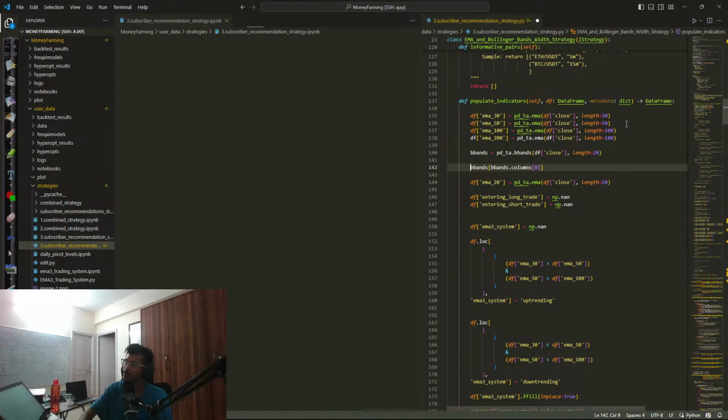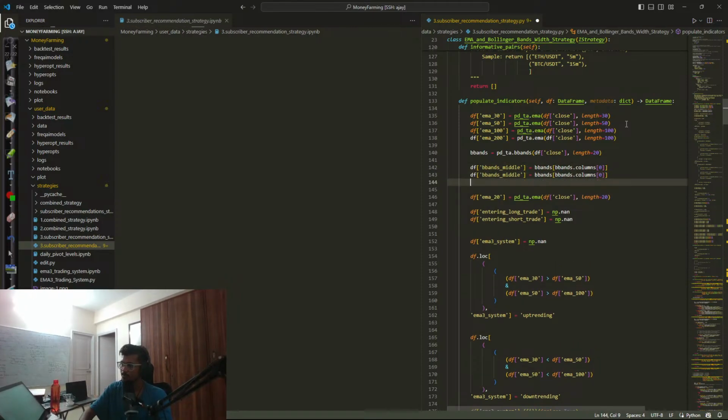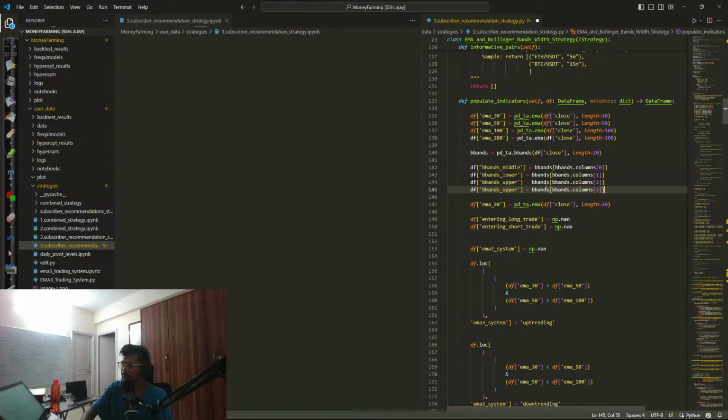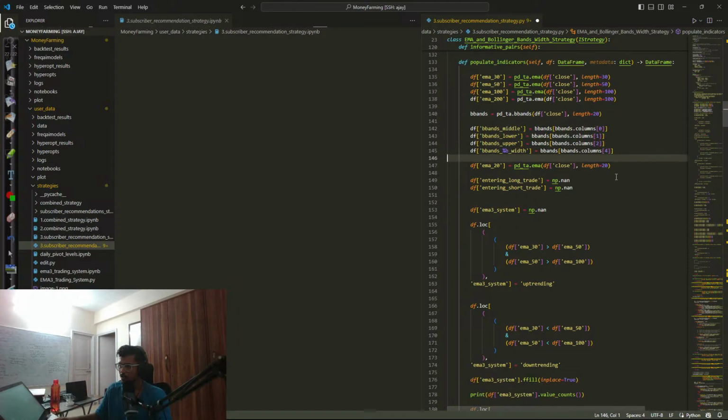Column 0 is your middle, 1 and 2 are lower and upper, and 4 is your percentage B width. Okay, so I got the indicators.